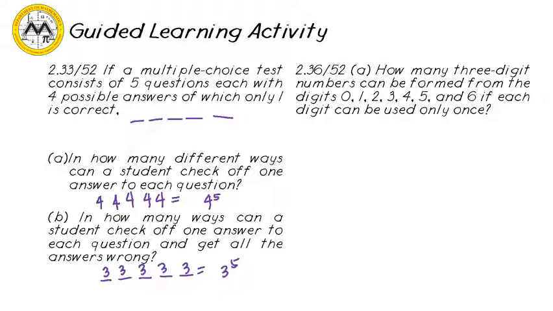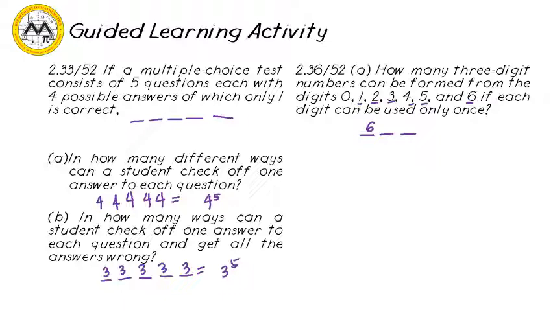How many 3-digit numbers can be formed from the digits 0 to 6 if each digit can only be used once? So 3-digit numbers, so first, second, and third digit. The first digit can be any of 1, 2, 3, 4, 5, and 6, so that would be 6 options. For the second digit, all the 7 digits can now be used.